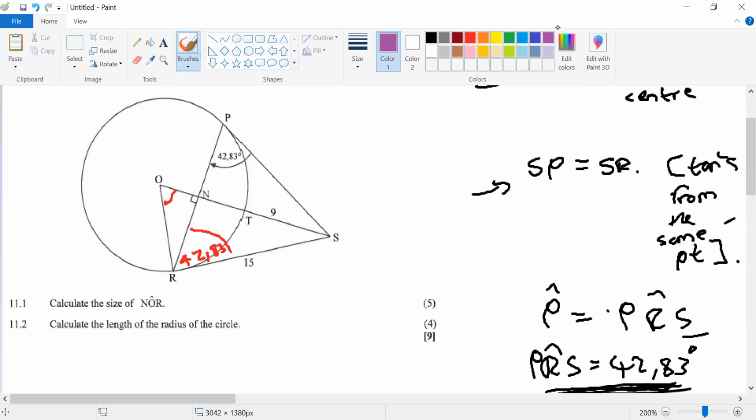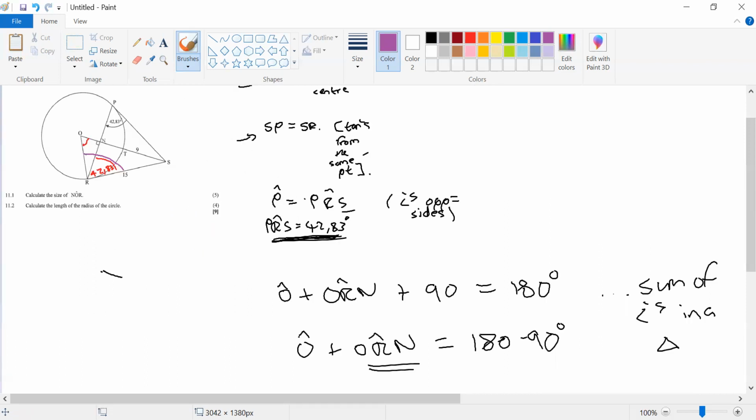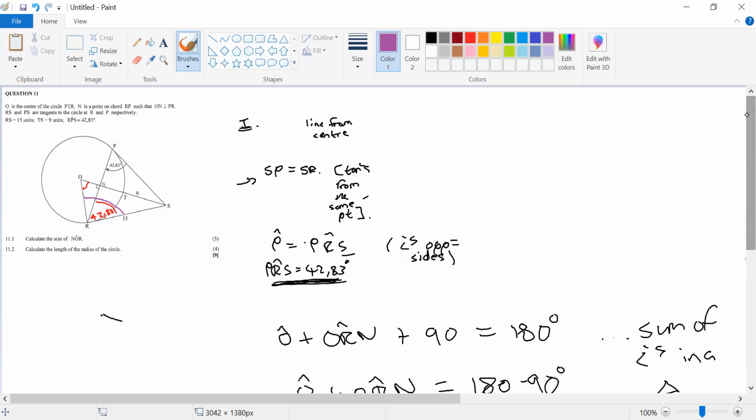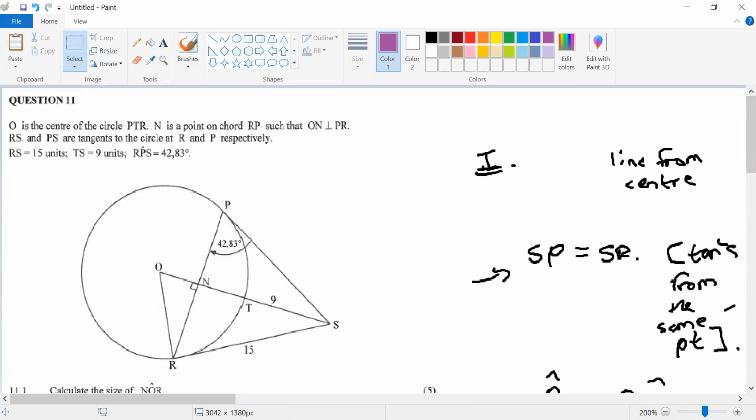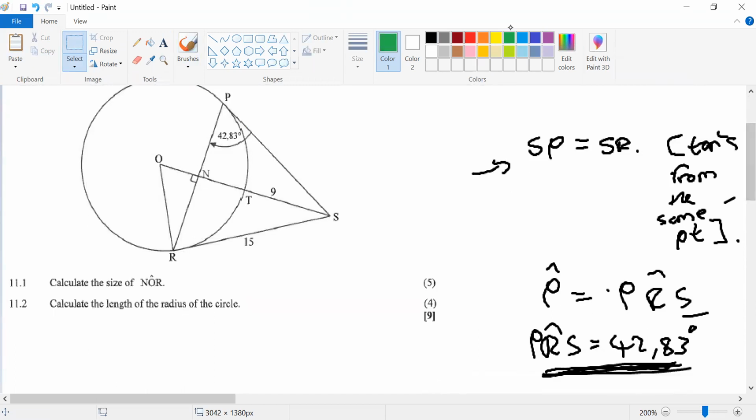So angle ORN is actually this whole entire portion right there in purple. And there's actually something very special about that, because if we take a look at that diagram, we can see that OR is my radius. So I know that this is a radius right there.